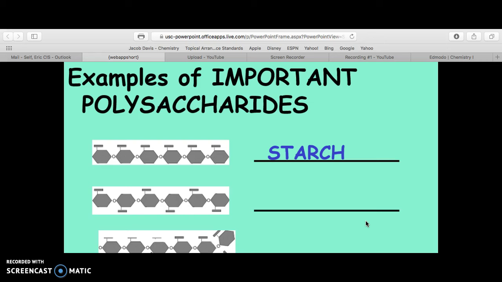Some examples of important polysaccharides, which you may or may not have known about. Starches, commonly found in potatoes, potato chips. You might find them in stuff like pastas, breads. Cellulose is another important polysaccharide. We get these mostly from plants. If you want to think of things like apples when you bite into those, or celery, those type of things.